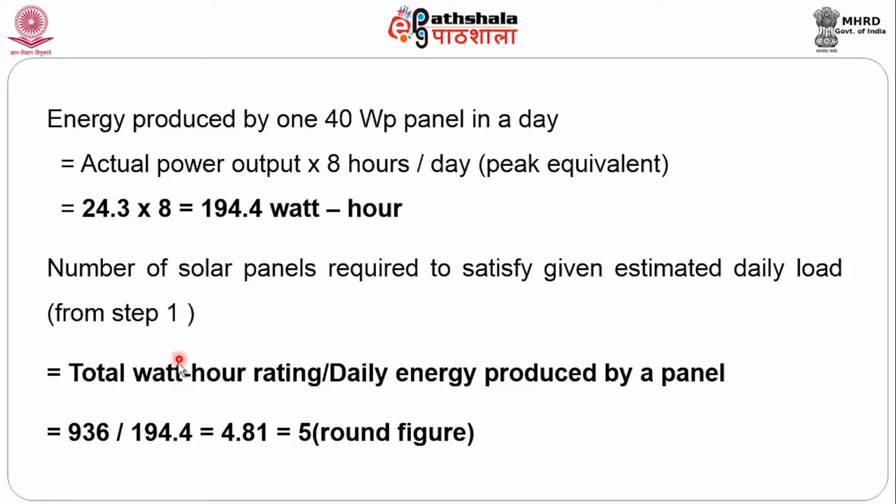We have calculated 936 watt hour as the energy requirement, and from a 40 wattage panel we can get energy of 194.4 watt hour. When we divide this we get about 4.81, roughly about 5 panels we need to operate 2 lights and 2 fans at home.